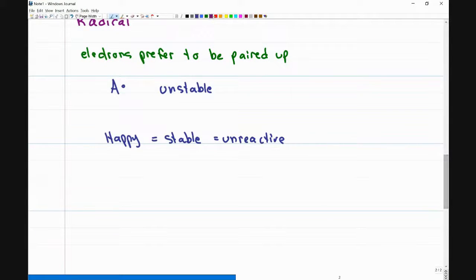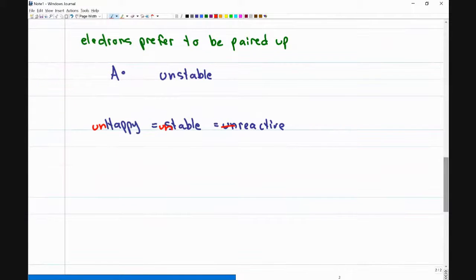That means if something is unhappy, then it is unstable, and that makes it very reactive, which is exactly the case for radicals. That's why if you hear that free radicals are dangerous and free radicals are bad for you, it's because they're so unstable, they're going to start attacking everything in your body, in your cells. They're looking for a mate, they're looking for a pair.